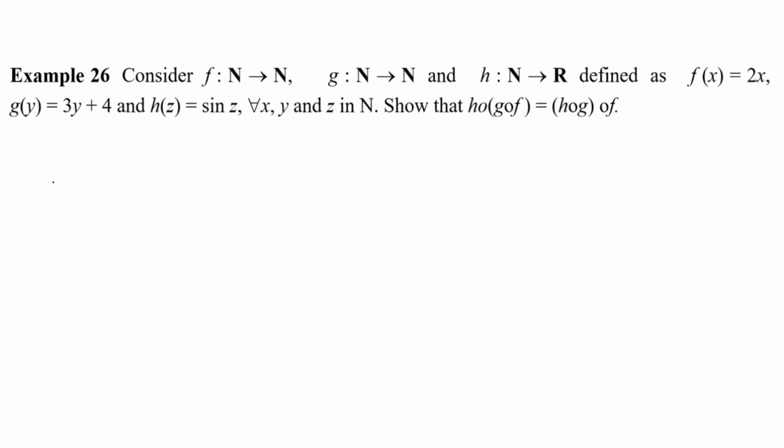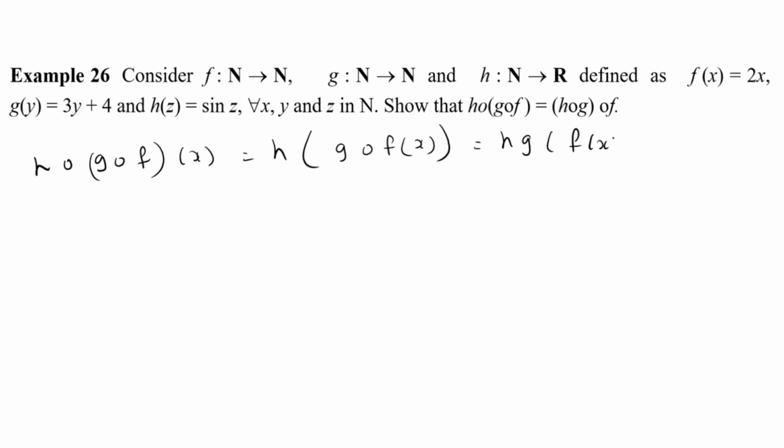So first we will take h of g of f of x is equal to h of g of f of x. So this is equal to h of g of f of x, where f of x is 2x.